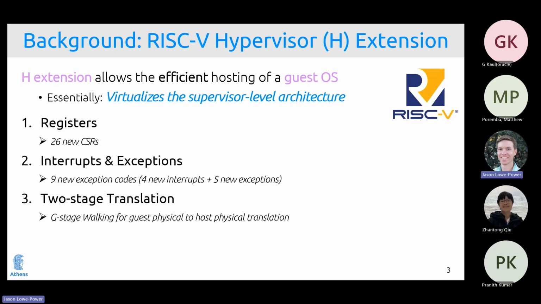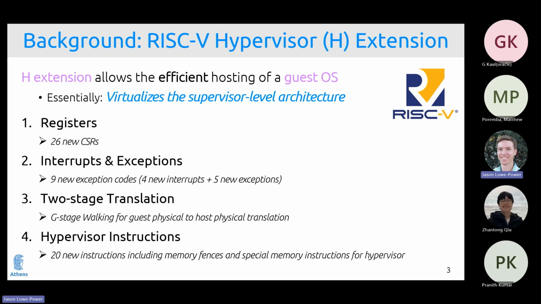So the basic parts in the RISC-V ISA extension is the new registers that you have to manage the hypervisor and the VM state, as well as the page walking and many other things. So you have 26 new CSRs. You also get a lot of new interrupts and exceptions for the guest.